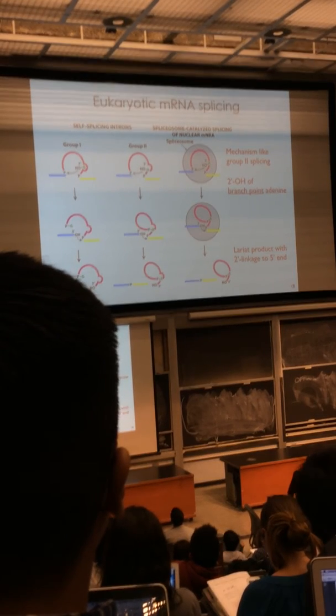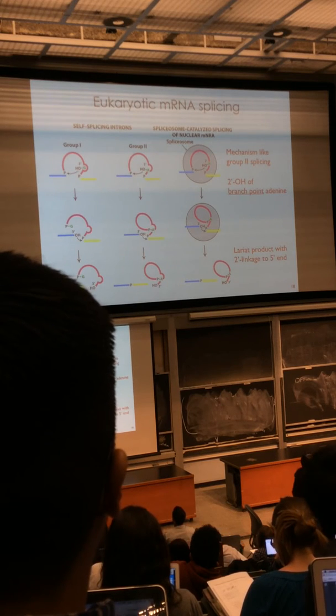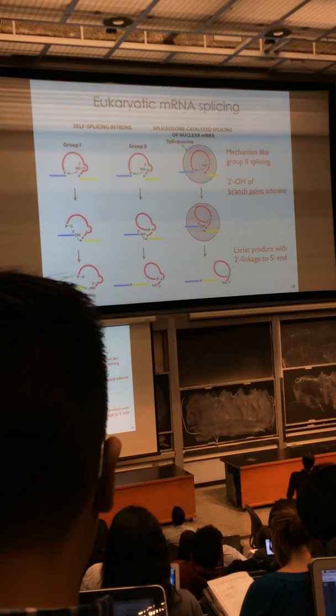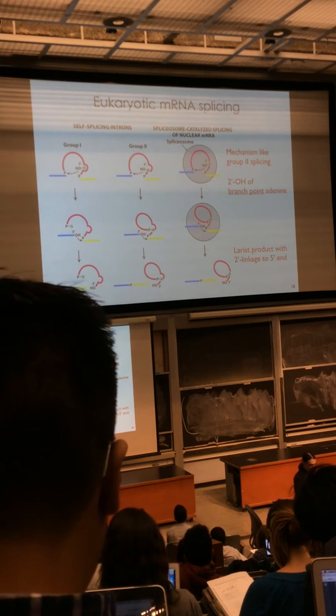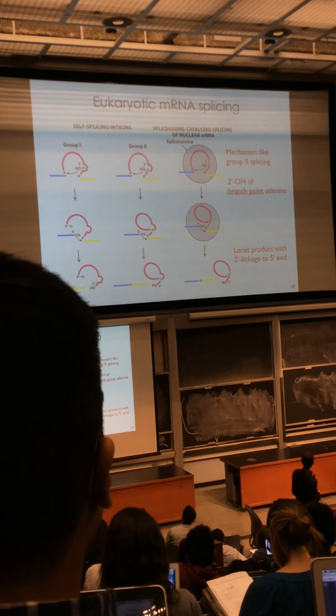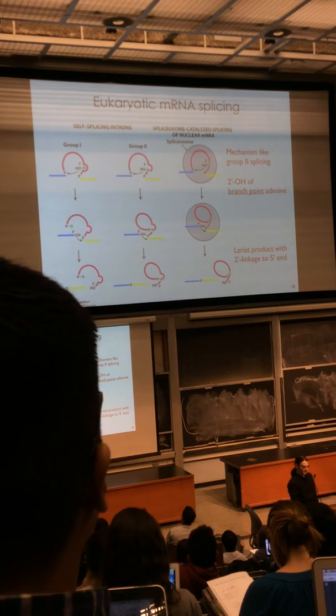And the exact same thing happens in the spliceosomal reaction that is actually catalyzed by pretty complicated machinery in the cell. And one consequence of this is that the introns, as they are released from the RNA that is being spliced, are lariat products with this 2' linkage back to the 5' end of the intron.